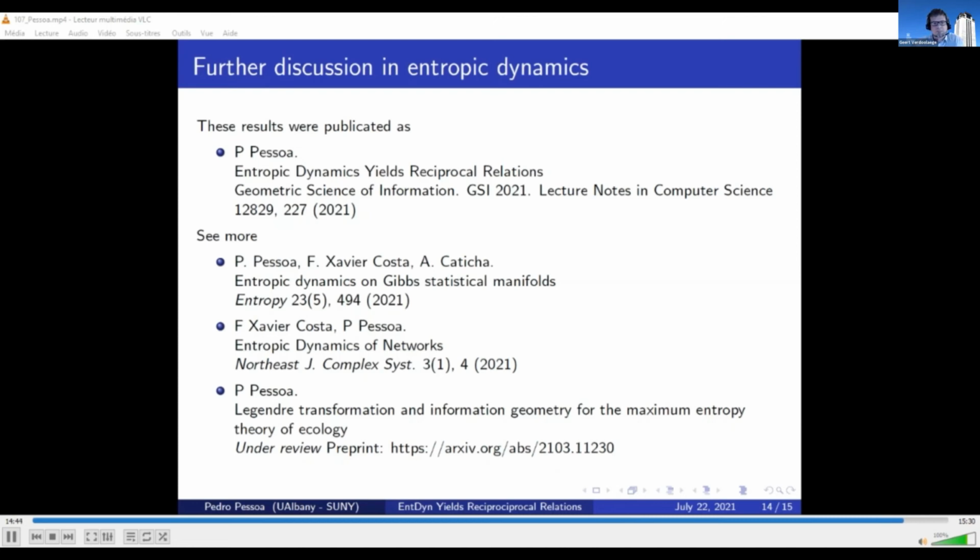In this second paper, I have an application of this entropic dynamics framework to the problem of complex networks. And in this third paper here, I make some important calculations necessary to apply this entropic dynamics in ecology.